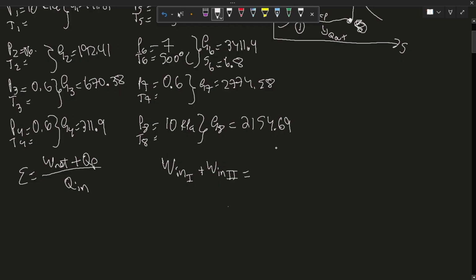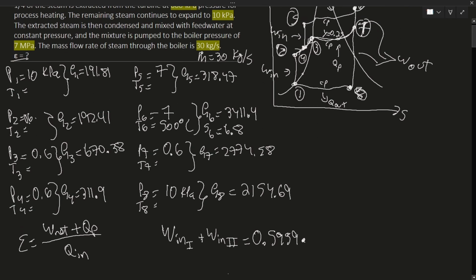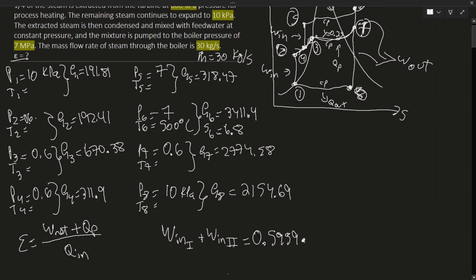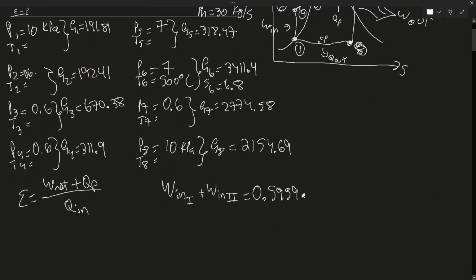We basically calculated these before, which I erased, but I wrote it down on a piece of paper. It was basically 0.5959 times the mass flow rate this time. It's over here at this point. It's equal to 1 minus y. It's 75% of it. The other 25% is up here.